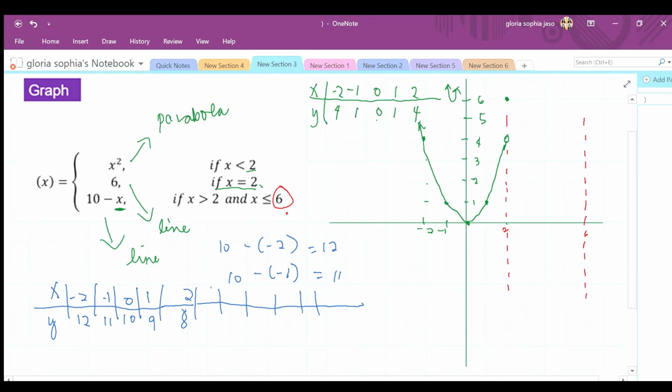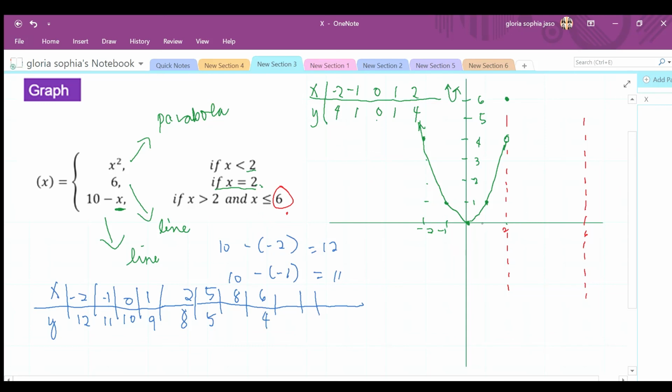Ayan, so piliin ko si 5. So, pag 5 minus 5, so 5. Tapos, piliin ko si 4. Or si 8. Pag 8, at saka 6. 6 na lang. Kung 6, 4. Ayan. So, pwede na yan.